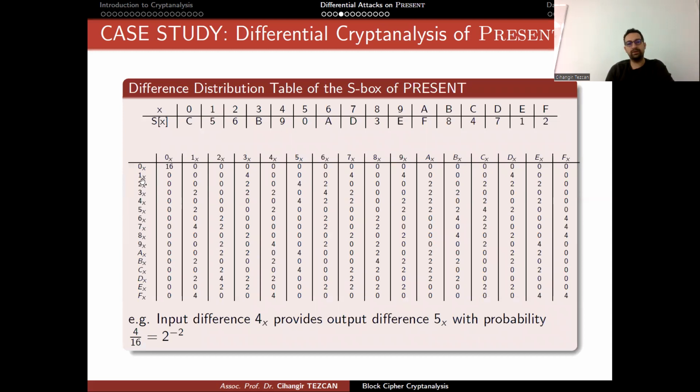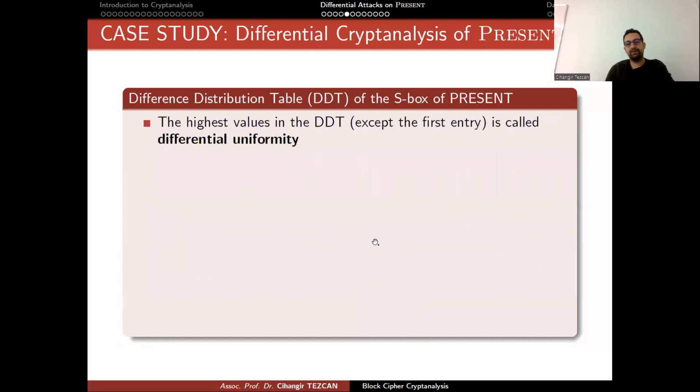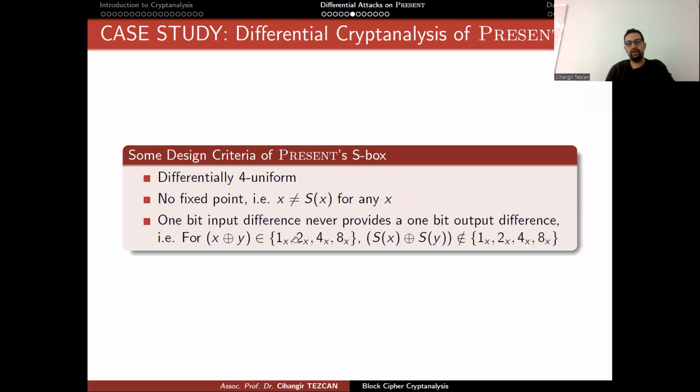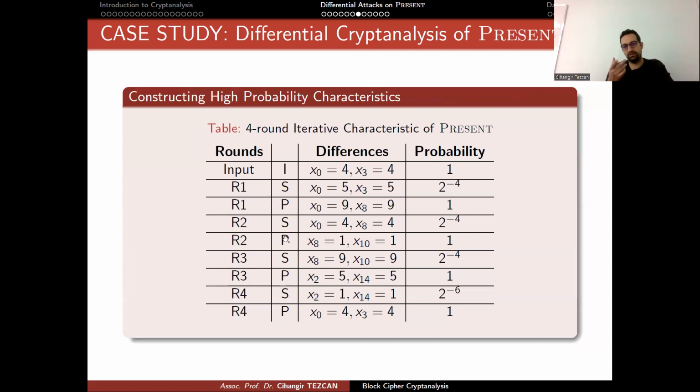If your input difference is 1, as you can see, you don't see 1, 2, 4, or 8 because you have zeros here. Similarly, if you look at 8, you won't see 1, 2, 4, or 8. This is a design choice. Actually, if they didn't have it, we could find longer differential characteristics, which will be meaningful in the following slides.